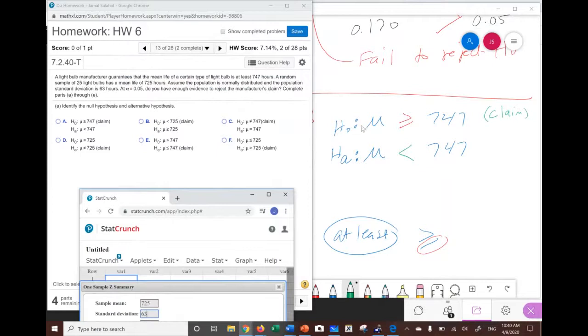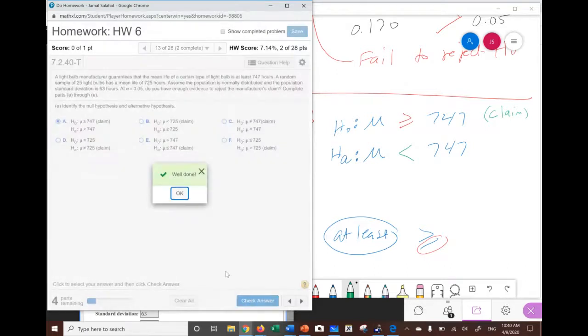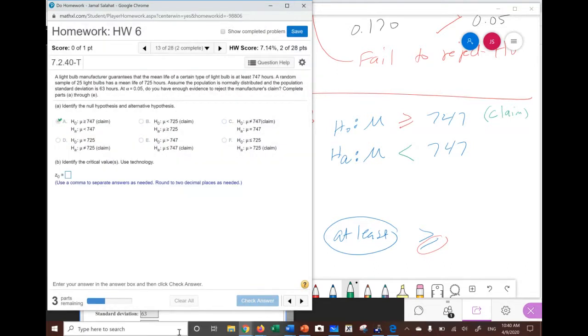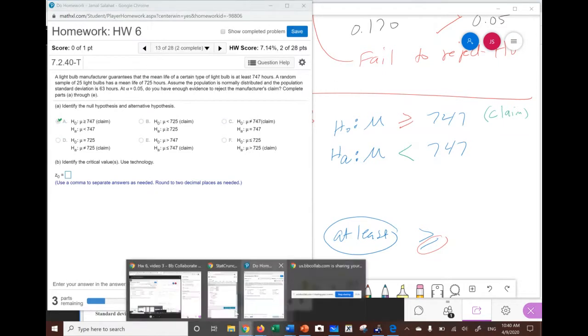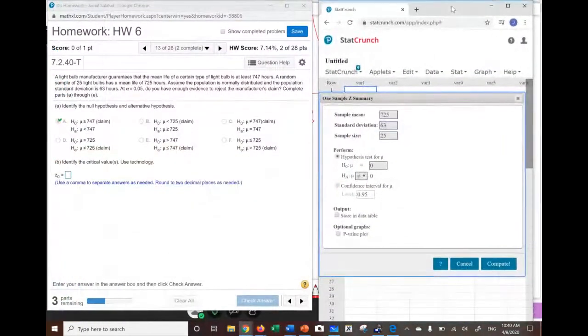In the problem, when we select the answer, the one that will match my selection will be A, because it's greater than or equal to and less than. The rest of them are different. Notice one thing when I pull up StatCrunch. I have to match A, so this is 747.